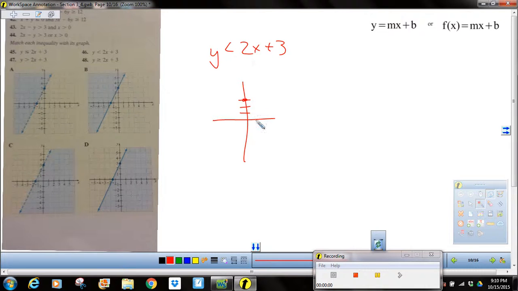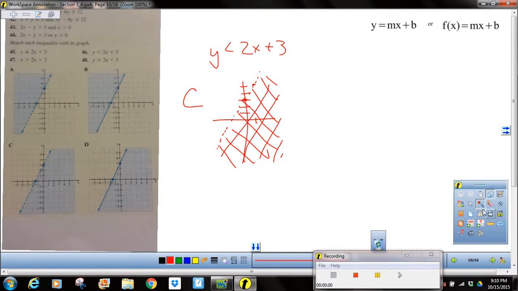The slope is 2. Has no equal to part, so we're going to have a dotted line. And y is on the small part, so y is less. So it's going to be this region below the dotted line. Wasn't a compound. Nice and simple. That one looks like C.